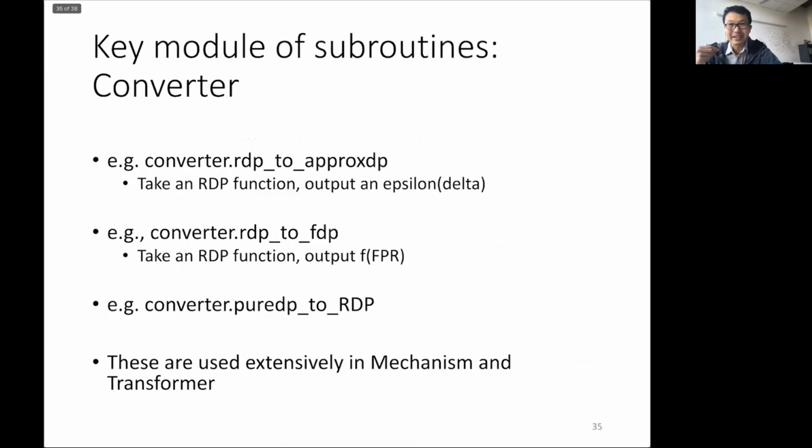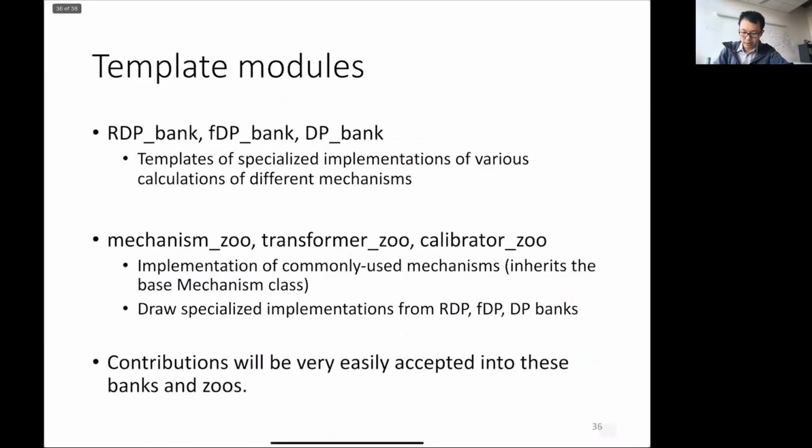Underlying the AutoDP design, there are all these converters that are implemented, say converting Renyi DP to approximate DP, which effectively implements a lot of things from the back and forth conversion table that I presented earlier in this lecture. So I won't go into it.